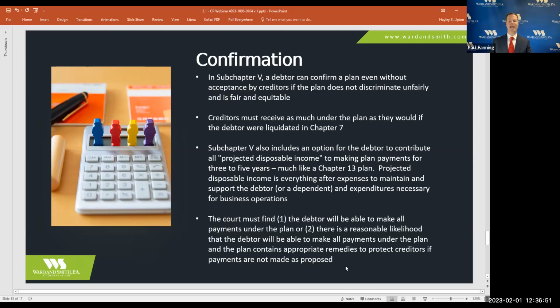We carefully craft stock or shelf loan documents to detail events of default and remedies on an event of default. Those go out the window in a bankruptcy unless they are either preserved or detailed in the plan. So I would encourage you as a practice pointer to think about during that process, making sure that you have appropriate protections, appropriate remedies in the event of default of a plan.